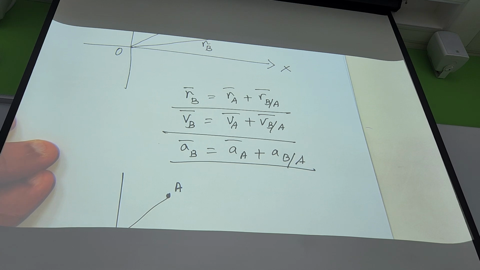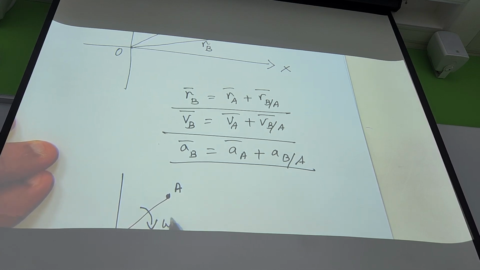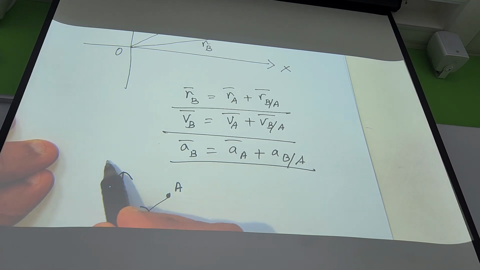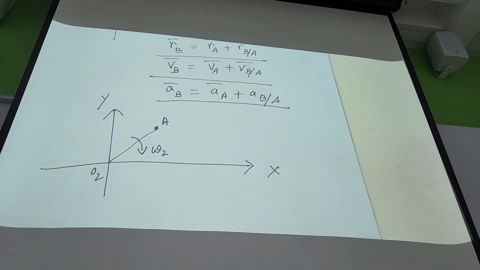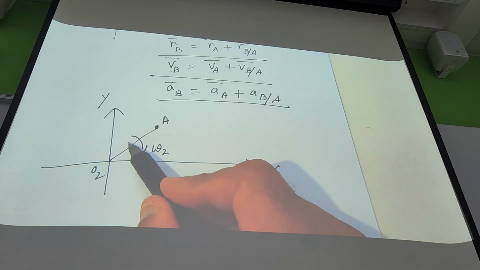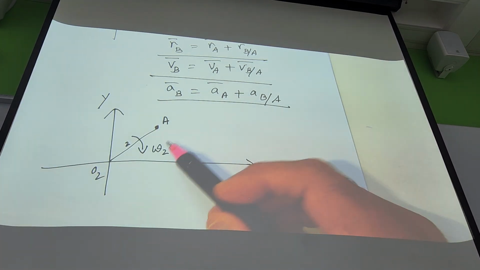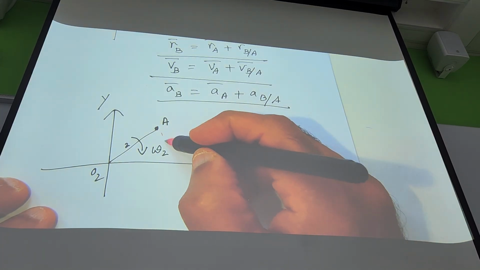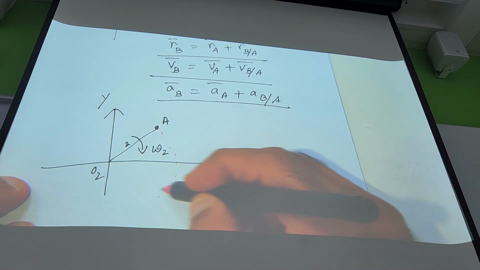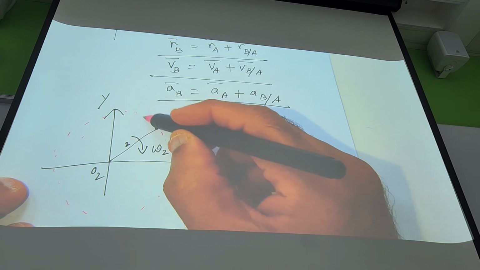This link is in rotation with angular velocity omega 2. The path of the link you can visualize like a circle.